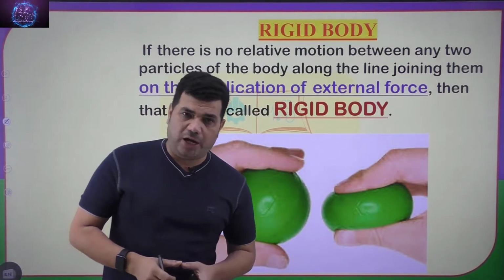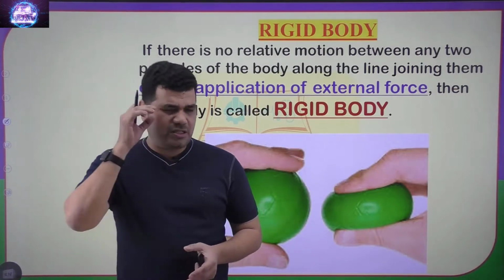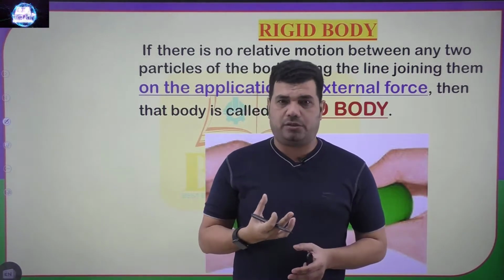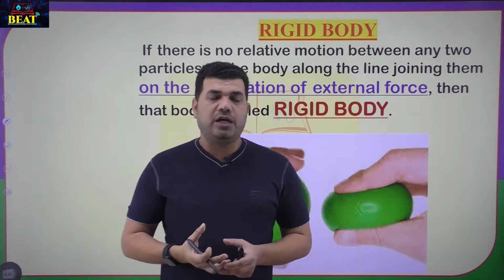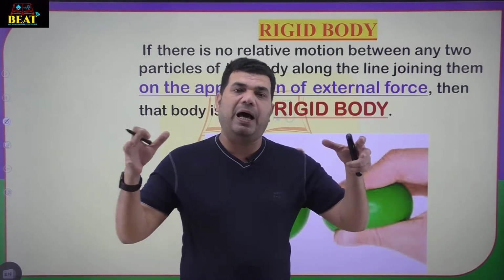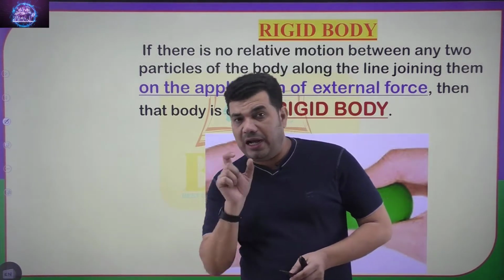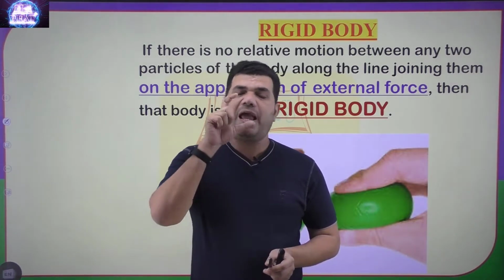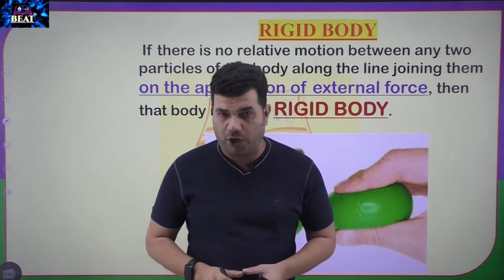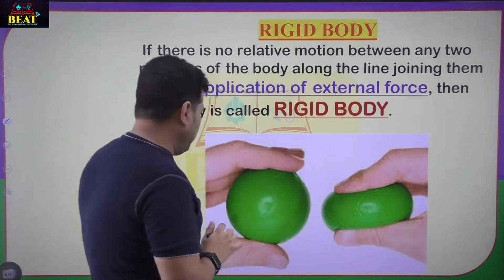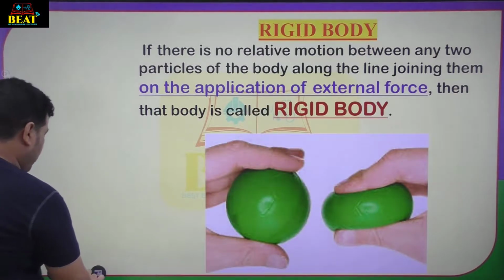So what is the rigid body? My dear students, just think about any object. If you apply some deforming force on an object, what happens to the relative distances between any two points on that body? Let me make it more simple for you.